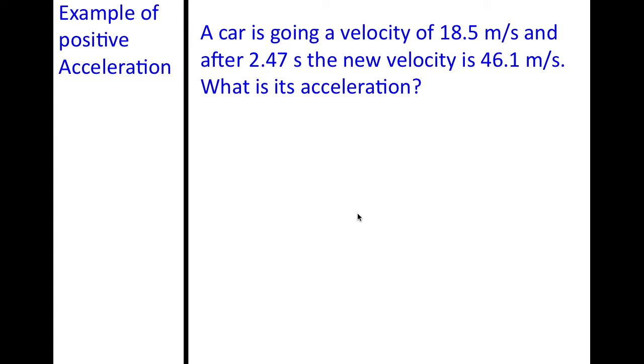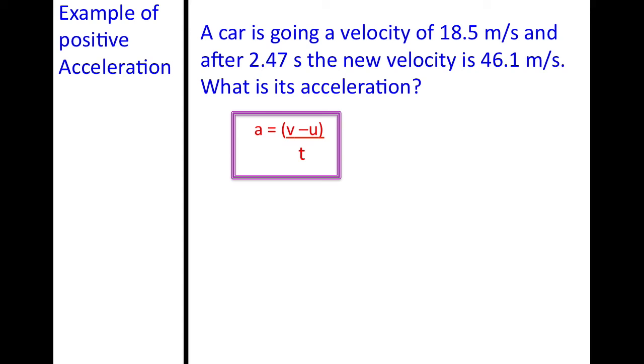An example of positive acceleration is if we had a car that is going at a velocity of 18.5 meters per second, and after 2.47 seconds, the new velocity is 46.1 meters per second. To calculate its acceleration, you know that the equation is v minus u over t. So let's go ahead and plug this in.